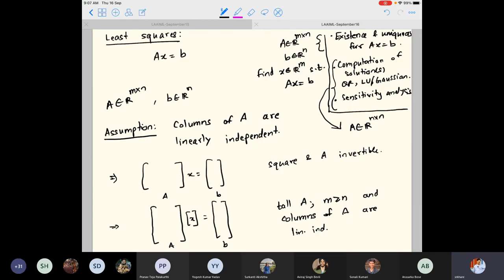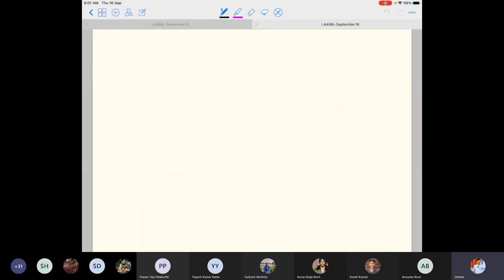That is how the matrix will look. So what we are really going to focus on is this general case where A has more rows than columns. A is a tall matrix with linearly independent columns, and you want to solve this Ax equals b problem.